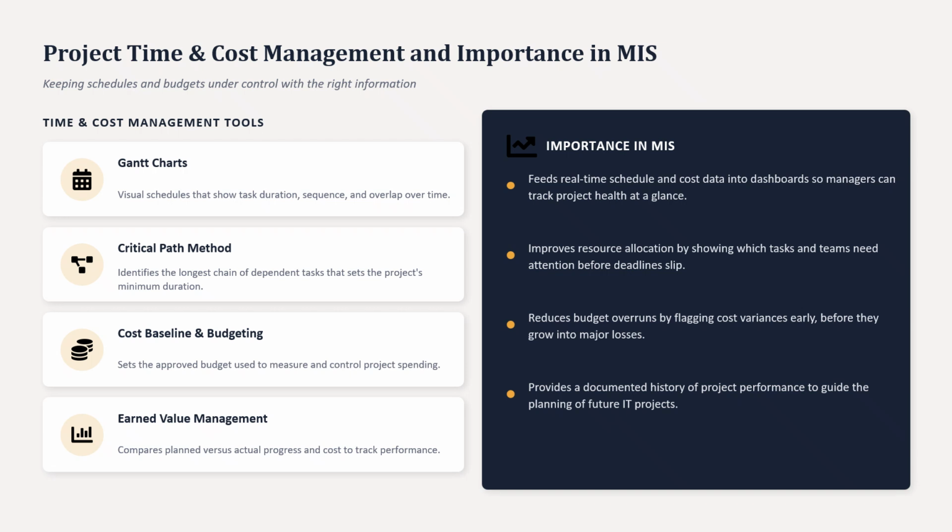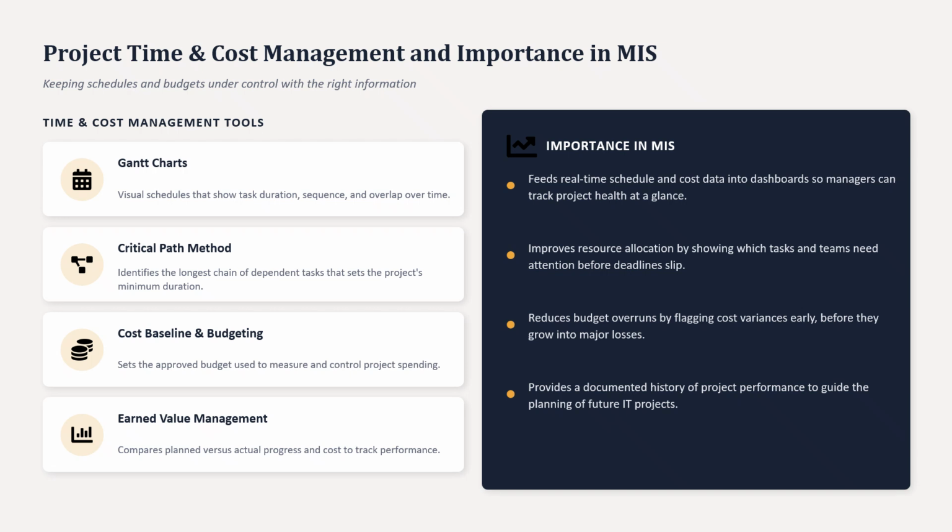And why does this matter to management information systems? These tools feed real-time schedule and cost data into dashboards so managers can track project health at a glance. They improve resource allocation by showing which tasks and teams need attention before deadlines slip.